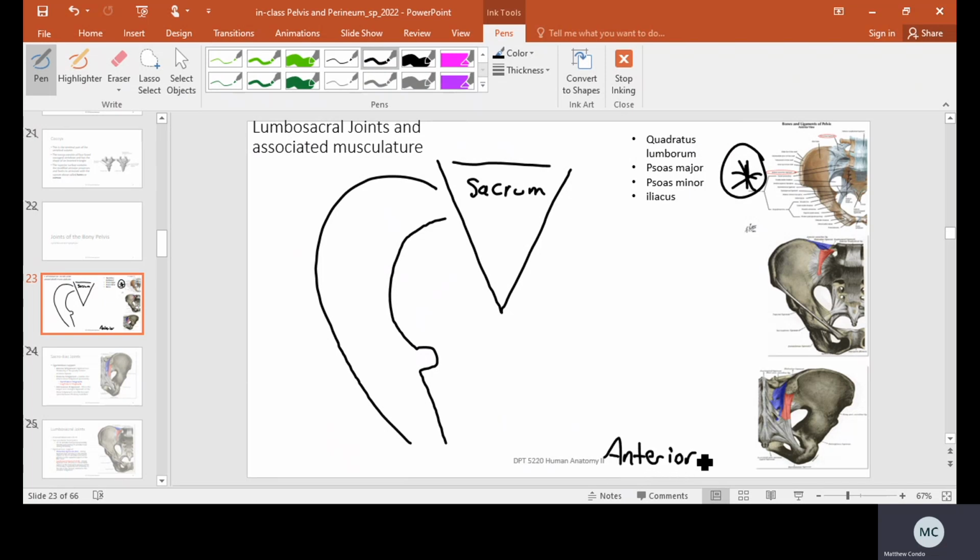So like I said earlier, my sacrospinous ligament is going to come off of the anterior aspect of the sacrum, and it's going to attach in to the ischial spine. Okay, so that's my sacrospinous ligament.